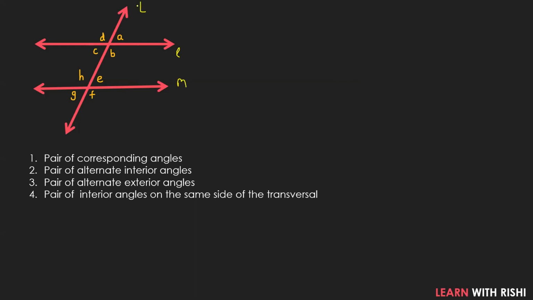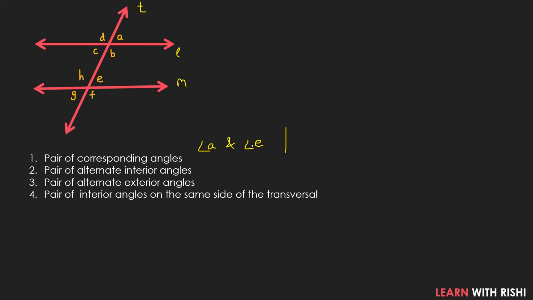Okay, so in this case, I can write pair of corresponding angles as angle A and angle E. These are a pair of corresponding angles because they are at corresponding corners of the transversal. So there are total 4 pairs of corresponding angles.